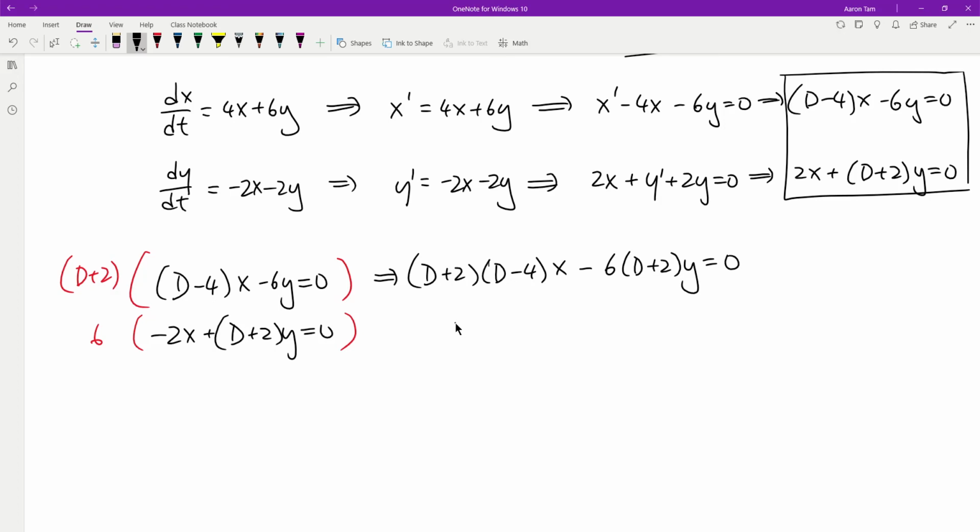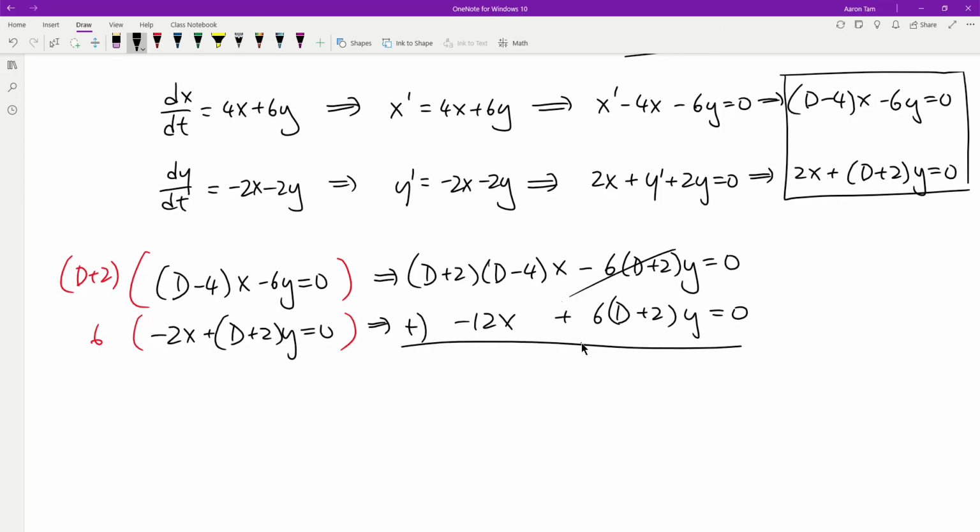The second equation becomes 12x plus 6(D plus 2) of y equal to 0. When I add them together, these two things cancel out. And so all I have is (D plus 2)(D minus 4) of x minus 12x equal to 0.